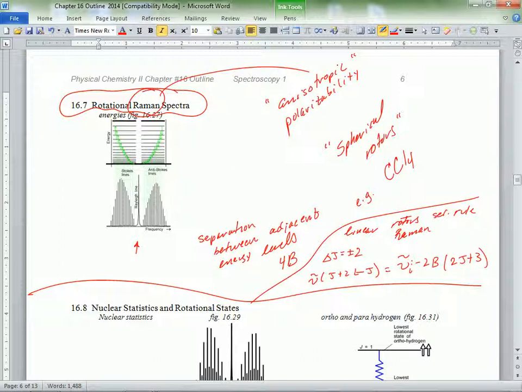I don't know if it stands for incident, but I like it standing for incident because it might be initial, but I think incident is a much better concept because it's incoming. Incident is nice because it helps me visualize, oh man, it's going to slam into it. It's incident, so it's before anything happens. So that's the incident wave number of that incoming radiation.